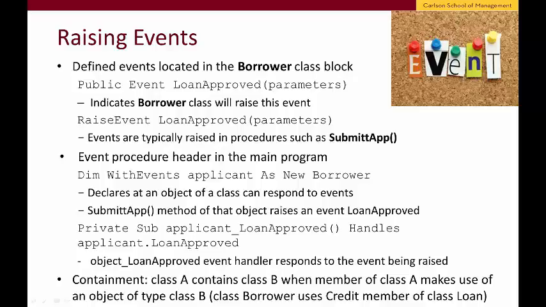So now we're going to finish this second section of the payment calculator project with applicants and borrowers and raising events, as well as creating an array of object elements called applicants array, designed to process multiple applicants.